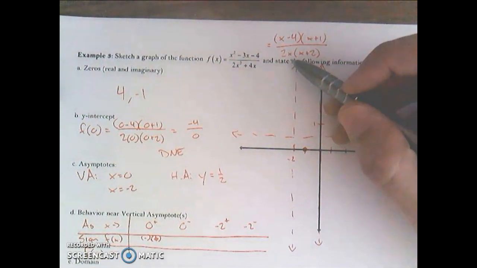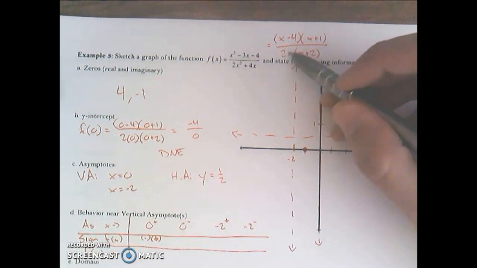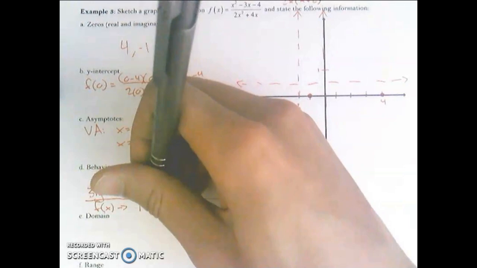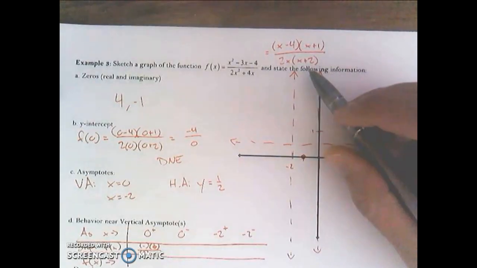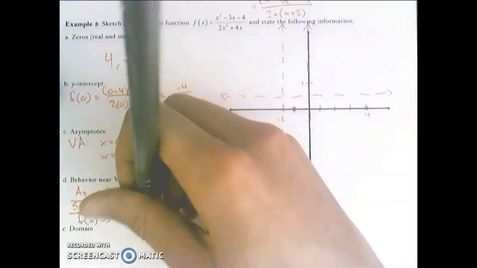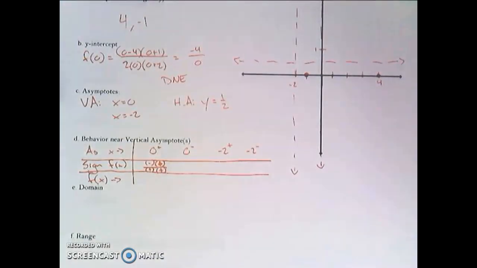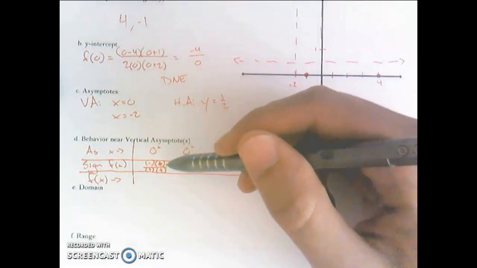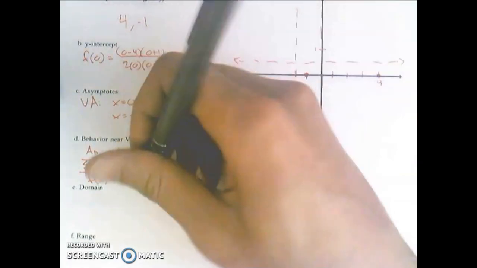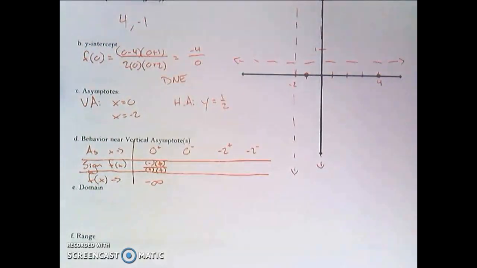Down here we have 2 times 0 from the positive side. That's like 0.01. It's getting close to 0 from the positive side. This is going to be a positive quantity. And 0 plus 2, that's going to be a positive quantity as well. So we have a negative times a positive, all over a positive. We're going to be approaching -infinity.